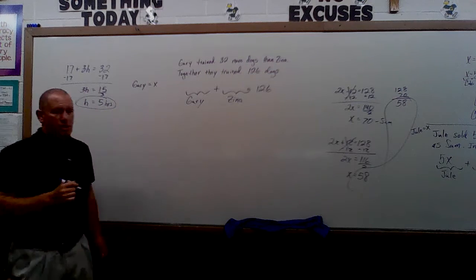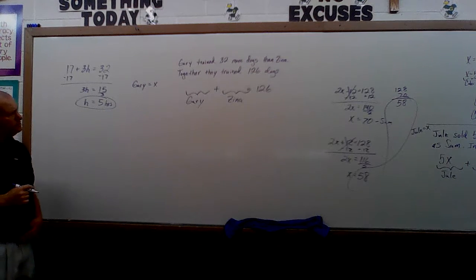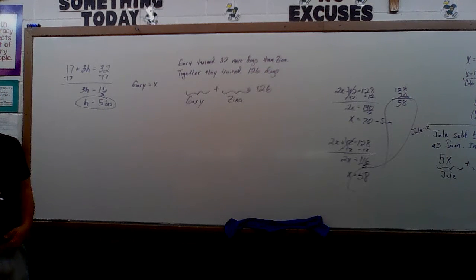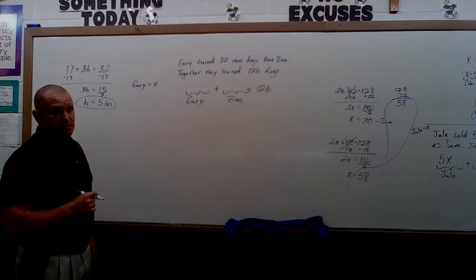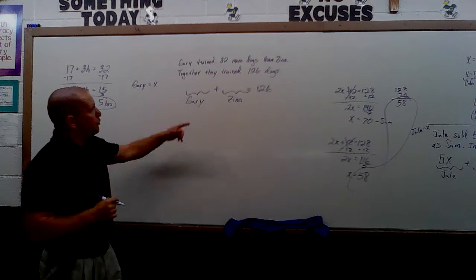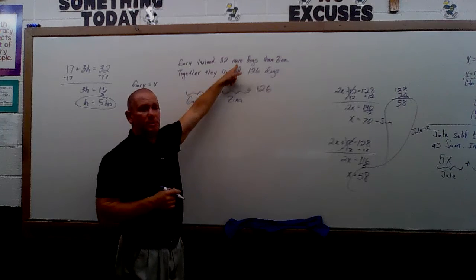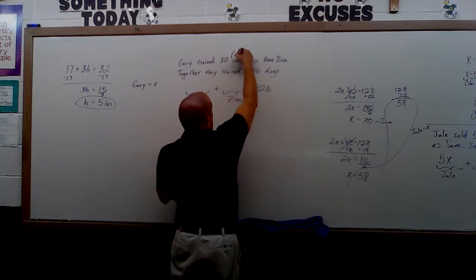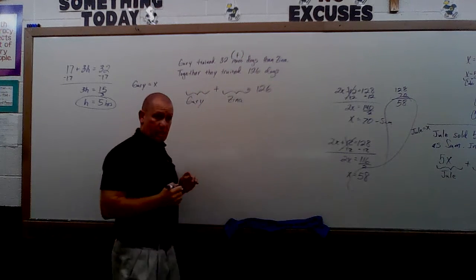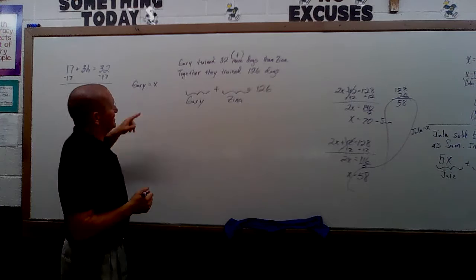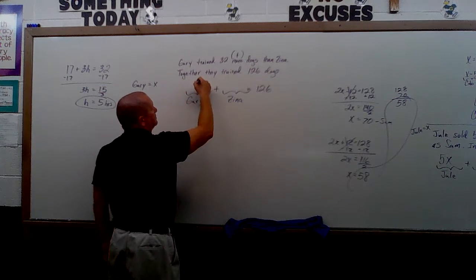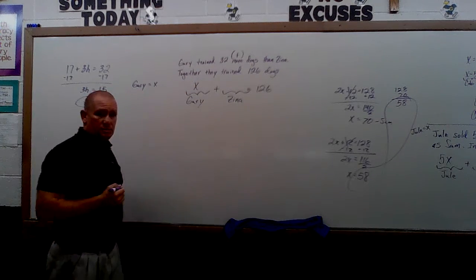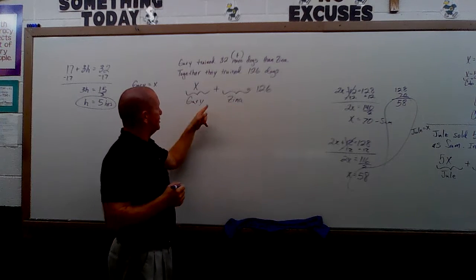Okay. So, Grace, where's my descriptive word? More, right? Is more telling me what? Addition. This is going to tell me addition. Okay? So if Gary is X, what is Zena compared to Gary?